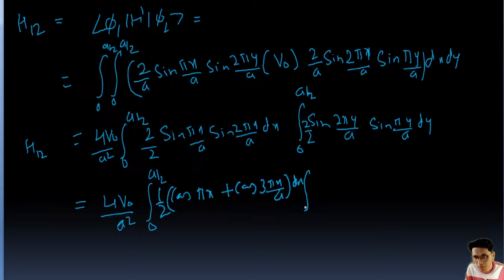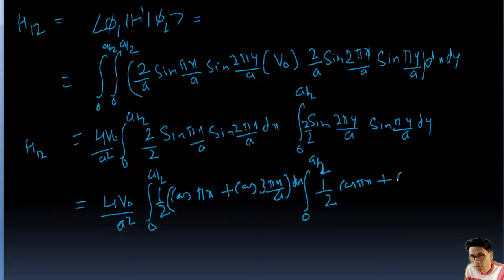Similarly 0 to a by 2, here it is going to be 1 upon 2, this is the limit, 1 upon 2 sine a plus b. Okay, sorry, cos, so sine a sine b, so you get cos a minus b, so that is cos pi x plus cos a plus b.